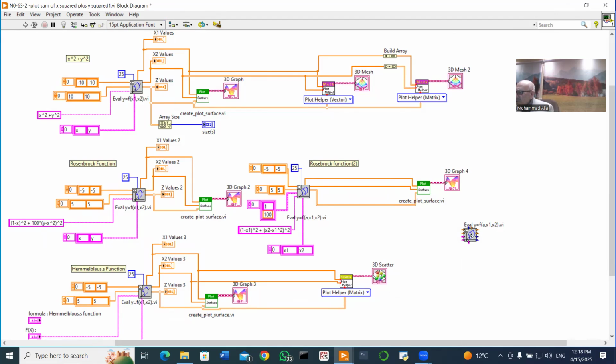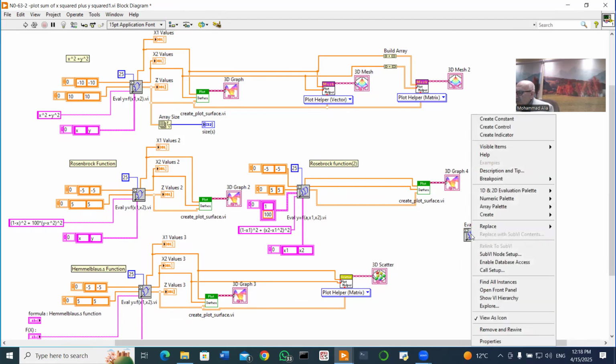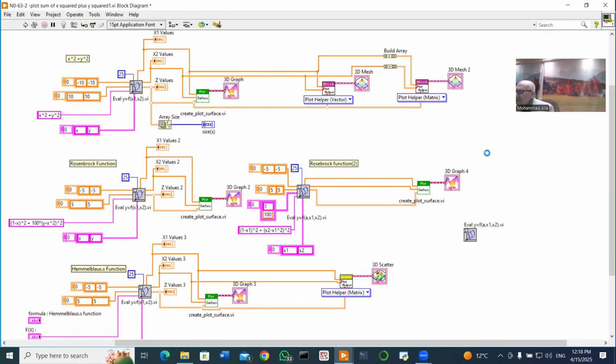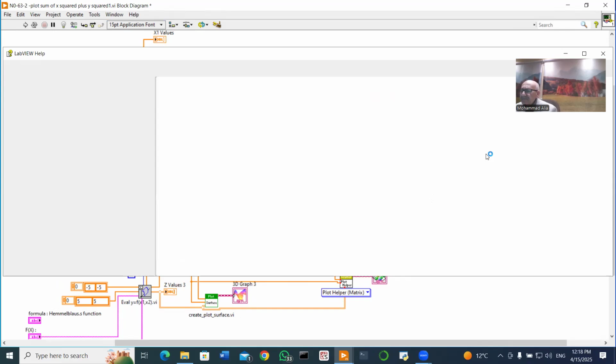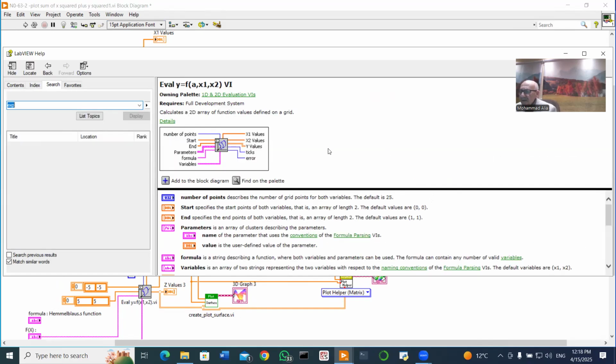If you want to know how we work with it, we go to the help and see here is the function and here are the terminals which I have connected. The new thing here to you is the parameters which represent A and B. Here they are, parameters.